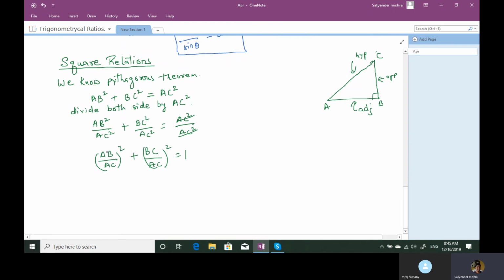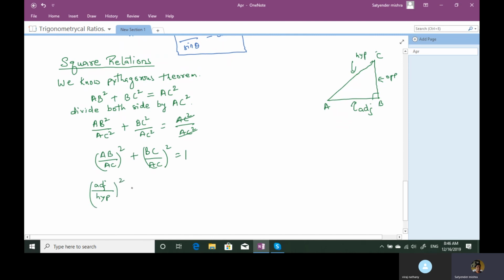So what is AB by AC? AB by AC is adjacent by hypotenuse, right?